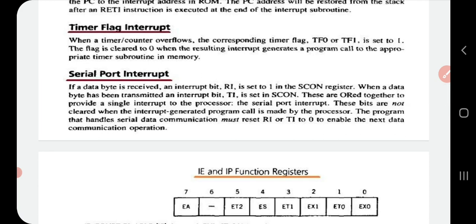If a data byte is received, then an interrupt bit RI will be set to 1 in the SCON register. When a data byte has been transmitted, then an interrupt bit TI will be set in the SCON register. These are ORed together to provide a single interrupt to the processor, and that single interrupt is called the serial port interrupt.